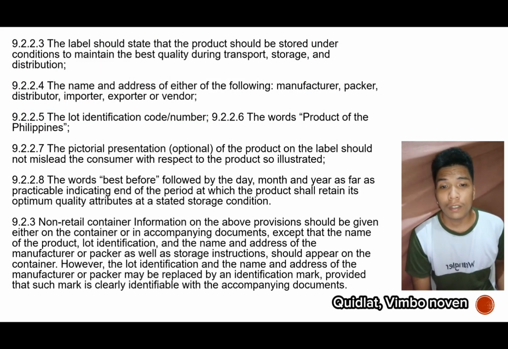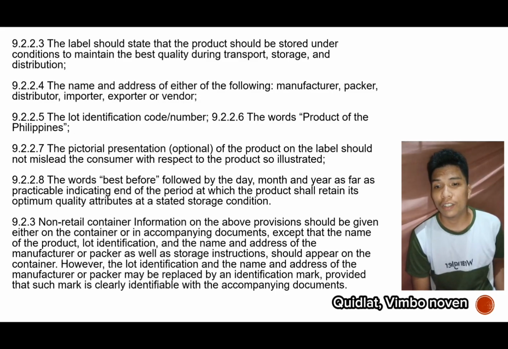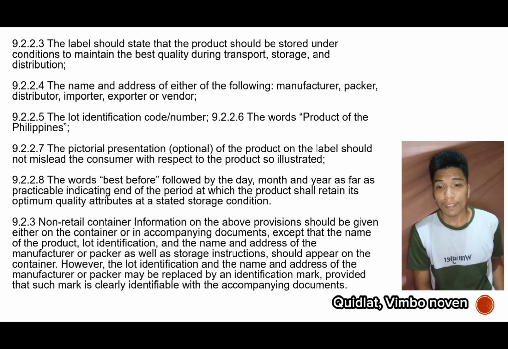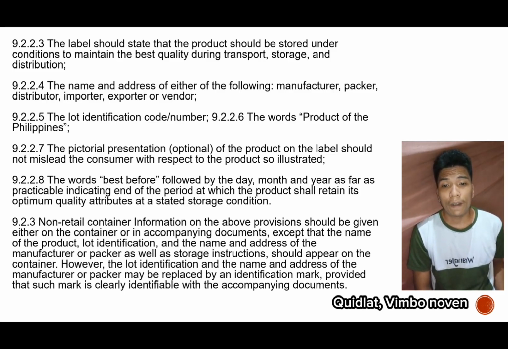The label should state that the product should be stored under conditions to maintain the best quality during transport, storage, and distribution. The name and address of either of the following: manufacturer, packer, distributor, importer, exporter, or vendor. The lot identification code number, and the words Product of the Philippines.